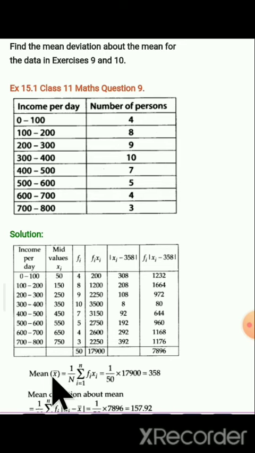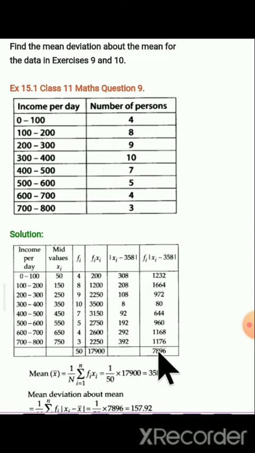So first find out the mean, that is summation of fi into xi divided by sum of frequencies, we will get 358. Therefore xi minus x bar, we will get these values, with xi as 50 and x bar as 358. We have to take the absolute values. Next multiply frequencies into these values.